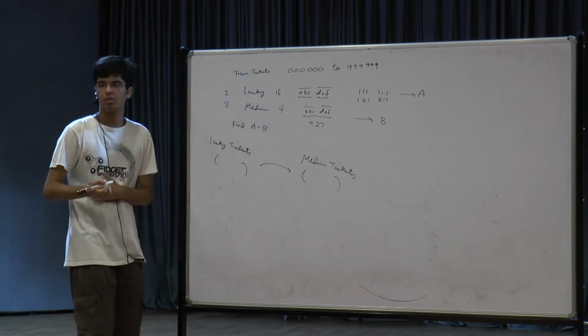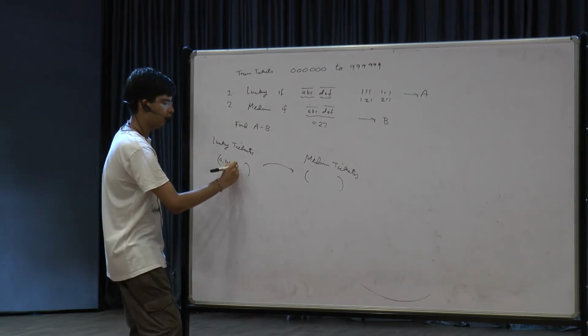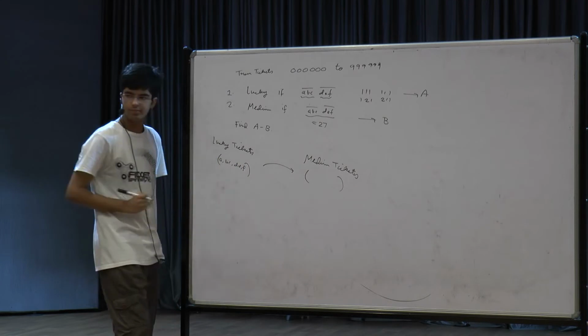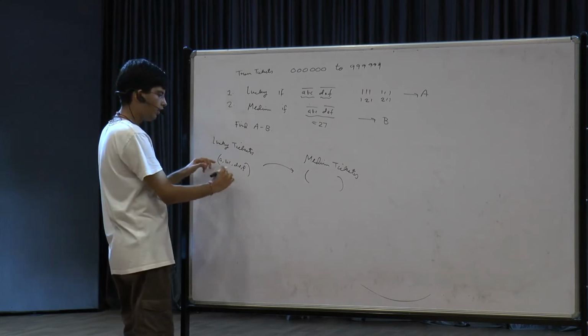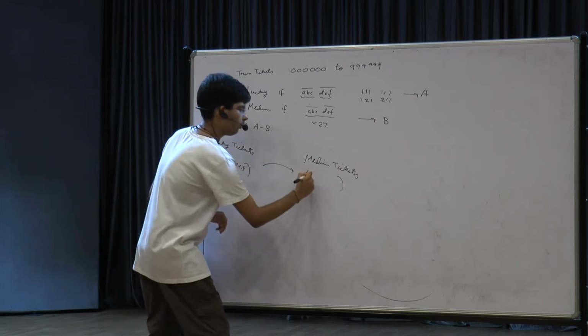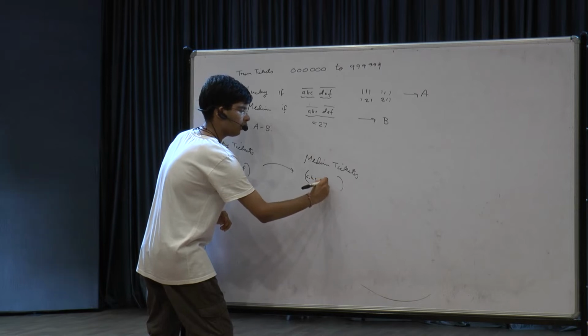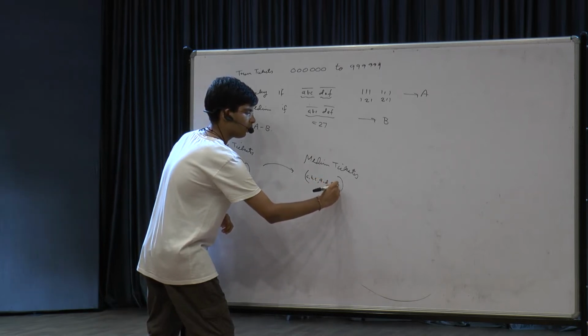So that will solve our problem. Suppose we start with A, B, C, D, E, F. Now we map it to A, B, C, that's fine, but 9 minus D, 9 minus E, 9 minus F.